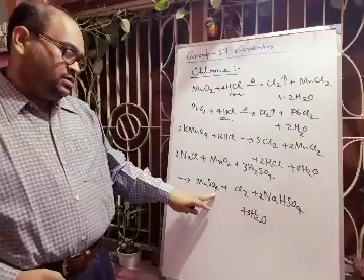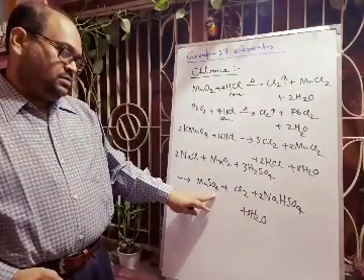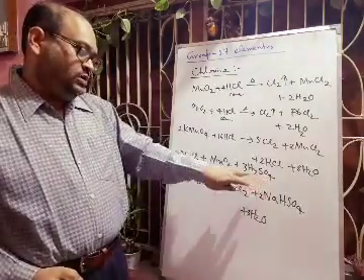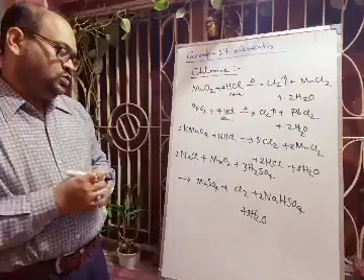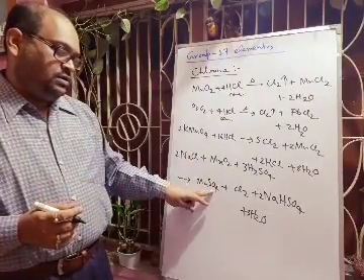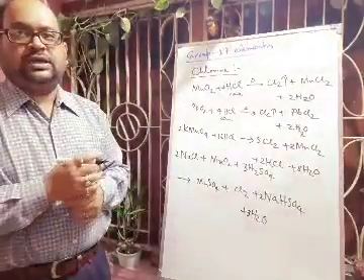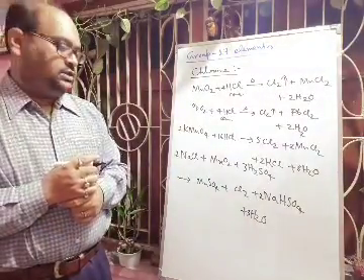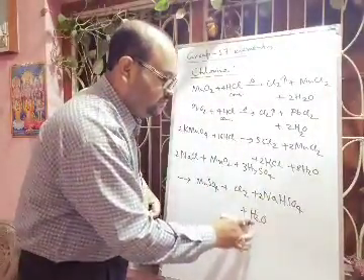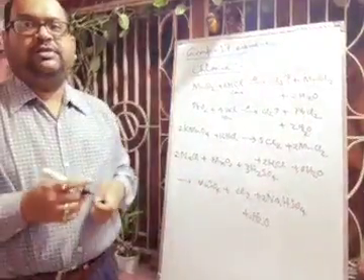Here 4. 3 into 4, 12 plus 2, 14. And here 4, 8, 16. This is coming 16. So here 2 hydrogen is there, so you have to put 2 here. Now it is balanced equation.